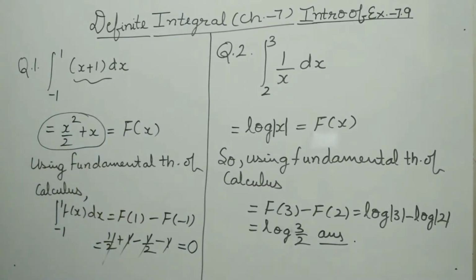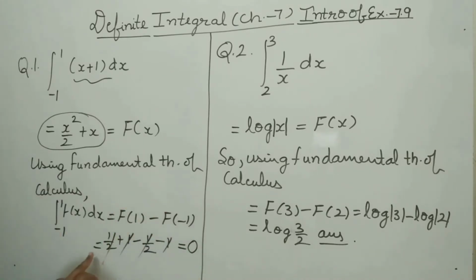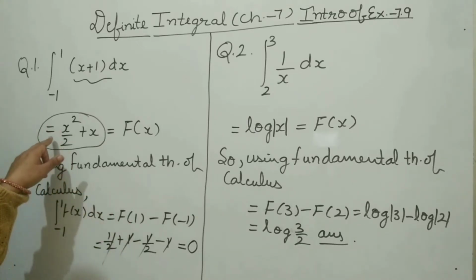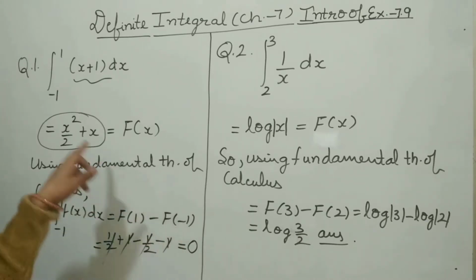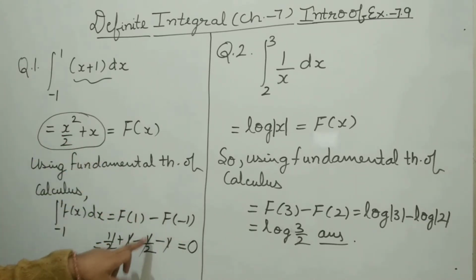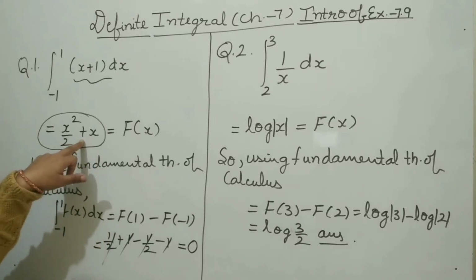Then come to next question. Before proceeding to question number 3, just look at the question number 1 solution. Here F(1) minus F(minus 1). So we take the value of 1 first in the function. So 1 by 2 plus 1. Then with negative sign, value with minus 1. So minus 1, it comes out to be half, but this one, minus 1 and again minus.